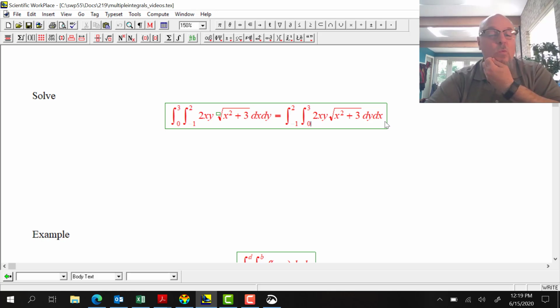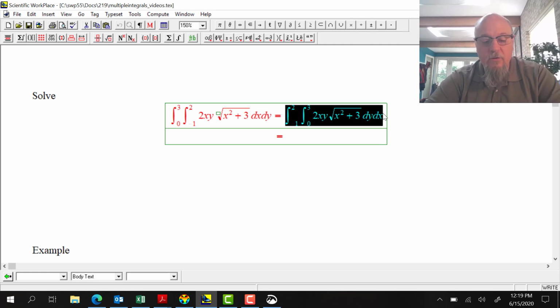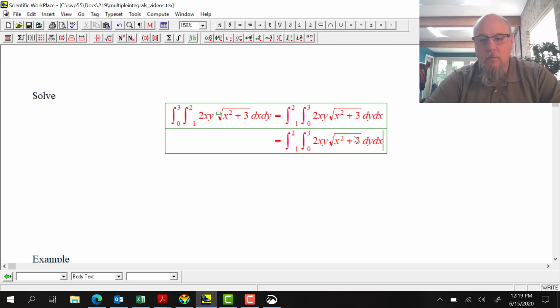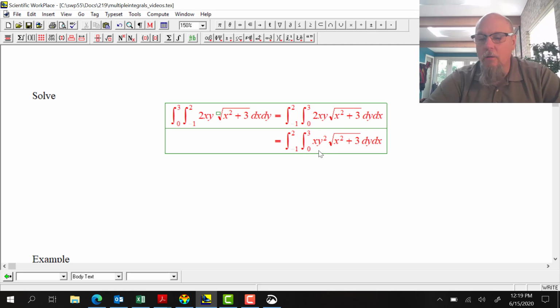Now, why did I want to do the y first? Because I think the integration is easier that way. So when I integrate this with respect to y first, that's going to be just straight y squared, and all of those things with x's are constants.